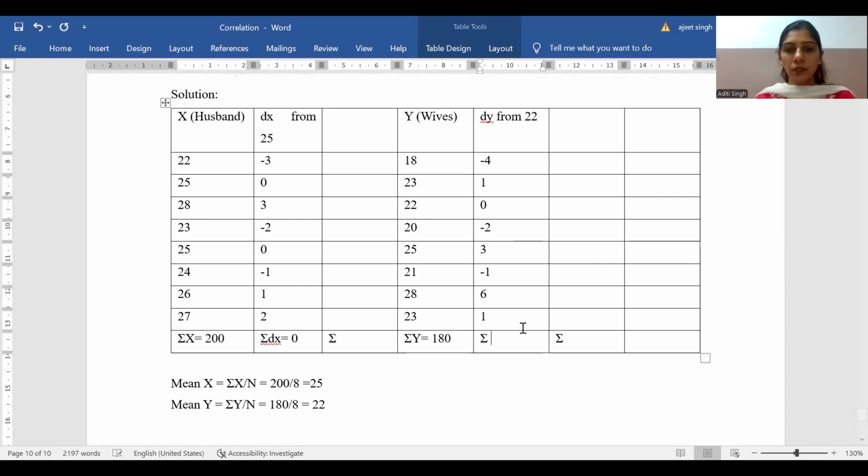So the sum of dy is equal to minus 4, 1, minus 2, 3, minus 1, 6 and 1. It is 4.